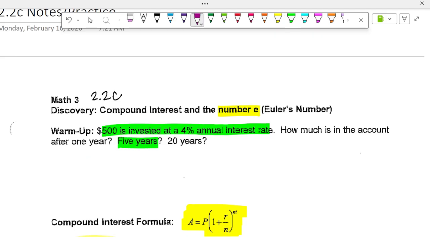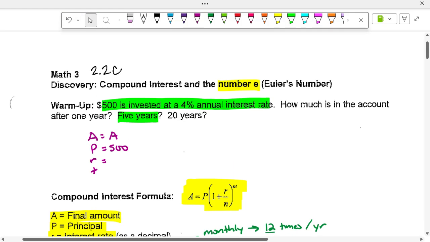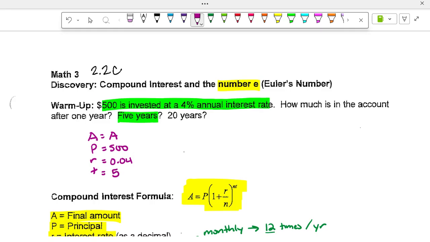So exponential growth, what we've been doing. So A, P, R, T. A will keep as A. What's my P value? 500. What's my R? 4% or 0.04. What's my T? 5. So I'm going to do A is equal to 500 times 1 plus 0.04 raised to the 5th power. Go ahead, put that in your calculator.